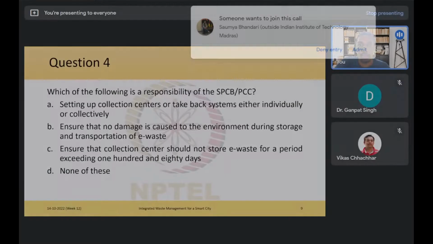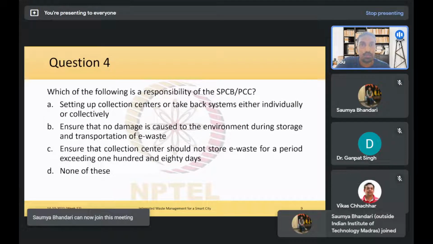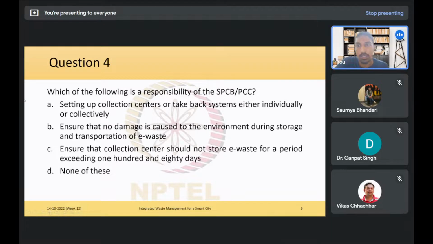Okay, so question 4 is, which of the following is a responsibility of the State Pollution Control Board or the Pollution Control Committee, right? PCC. The options are: A, setting up collection centers or take back systems, either individually or collectively. Option B is ensure that no damage is caused to the environment during storage and transportation of e-waste.